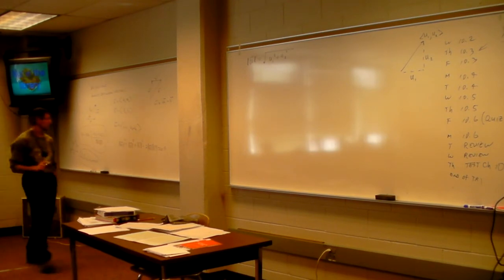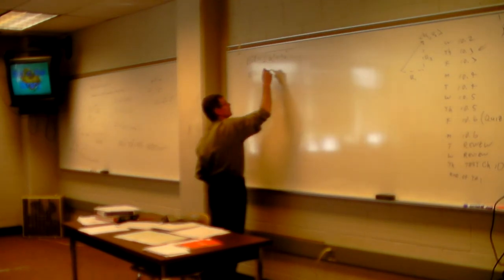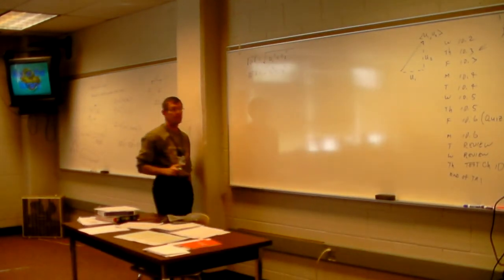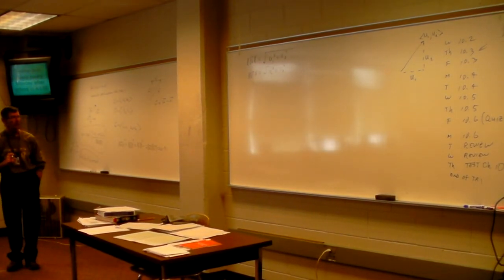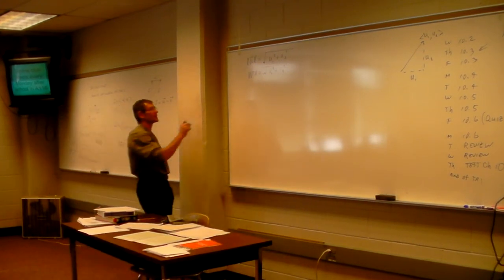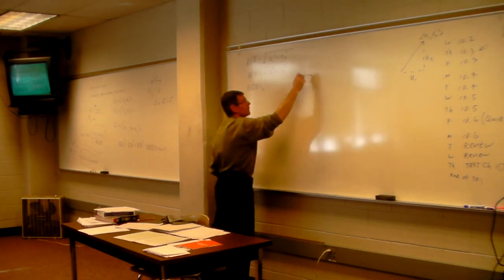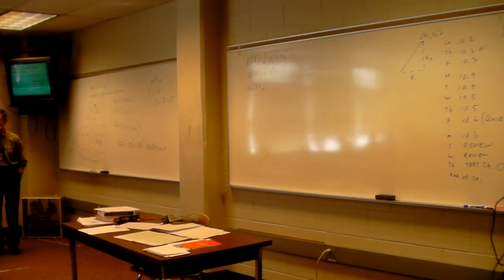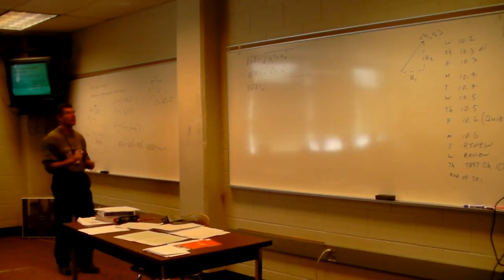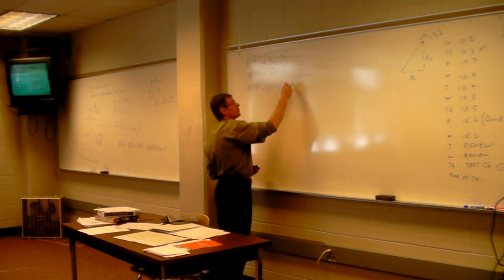And of course, the magnitude of v is the square root of v1 squared plus v2 squared. And what's the magnitude of w? It's the square root of u1 minus v1 squared plus u2 minus v2 squared.